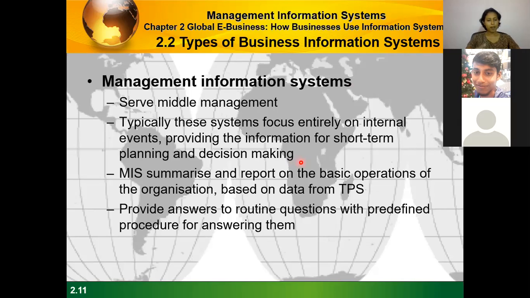This type of system has the ability to provide information for internal, short-term planning and decision making using purely internal events only. It does not interact with the external environment of the organization.